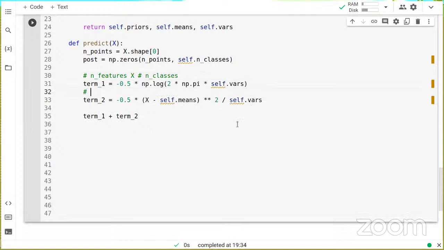Term 2 is number of samples, or number of points, cross number of features. Okay, this is where the full effect of NumPy comes in.